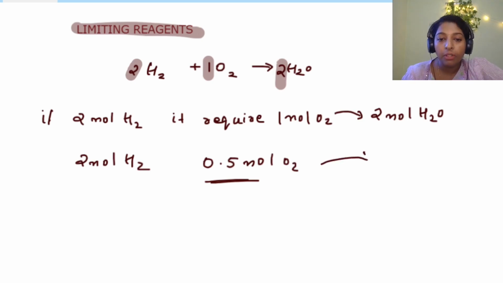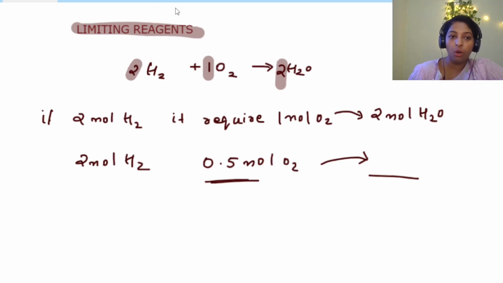At that time, do you expect 2 moles of water? It's not, isn't it? Because hydrogen and oxygen both react together to form water. See the oxygen ratio, 1 oxygen forming 2 water. So 0.5 moles of oxygen will form only how much? Yes, 1 mole of water.